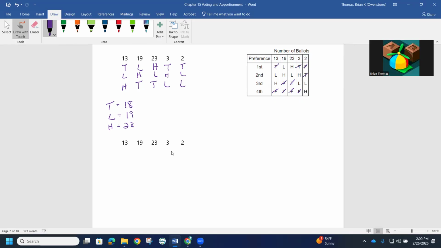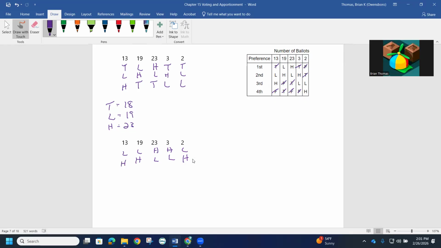Again, we still have the 13, the 19, the 23, the 3, and the 2. I took a little bit of liberty building this up here. So I now have to make a new ballot: L and H, then L and H, then H and L, then H and L, and L and H.